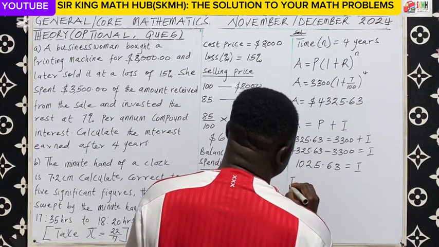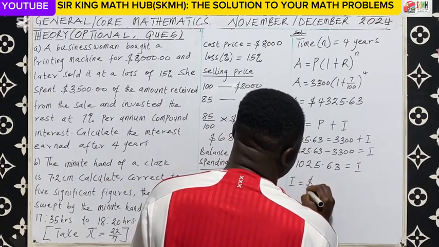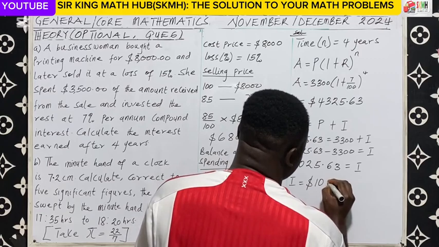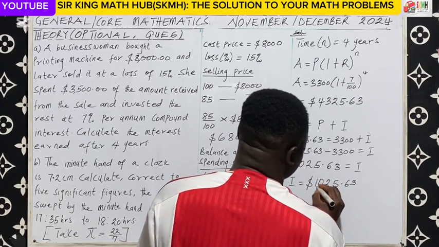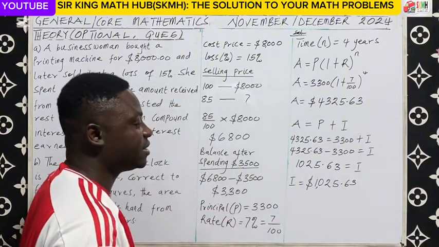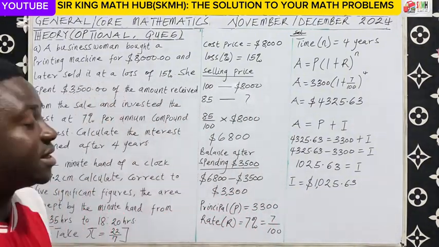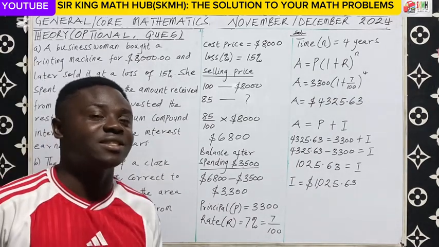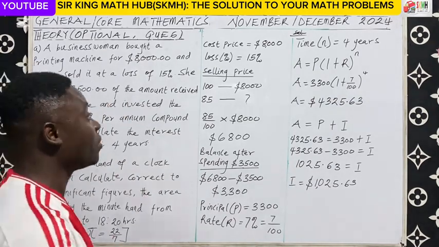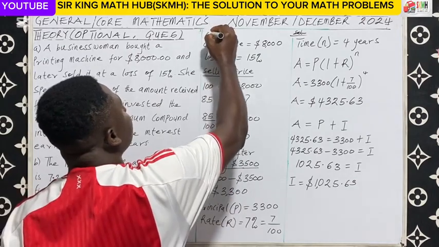So finally, our interest is $1,025.63. So that is our interest. This is a very nice question. That is for A.